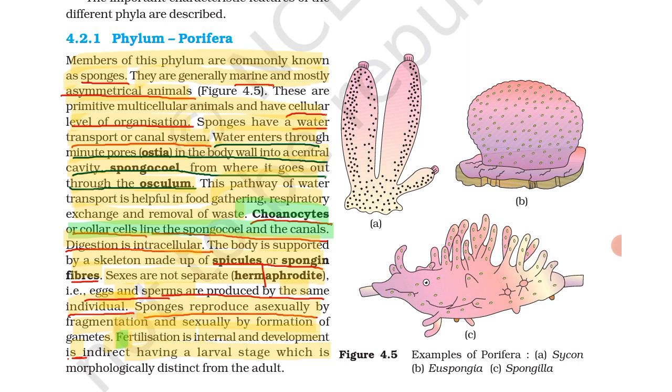From this spongocoel the water comes outside the body through the osculum.